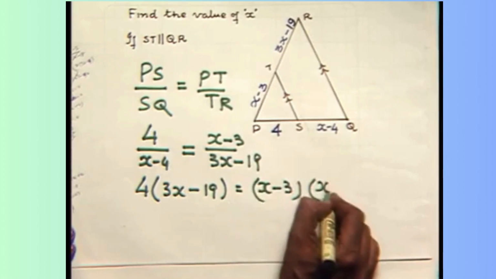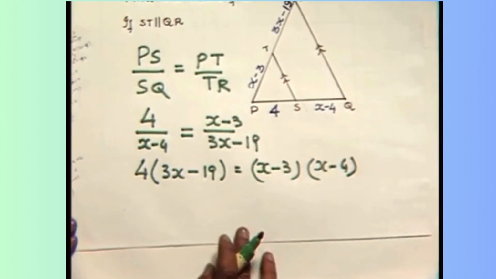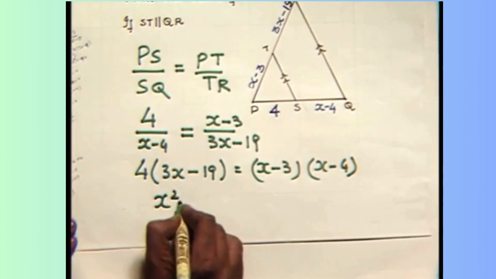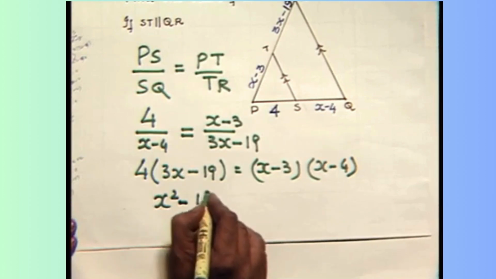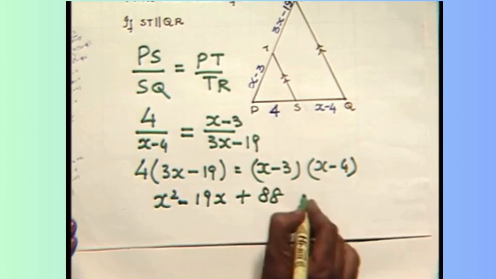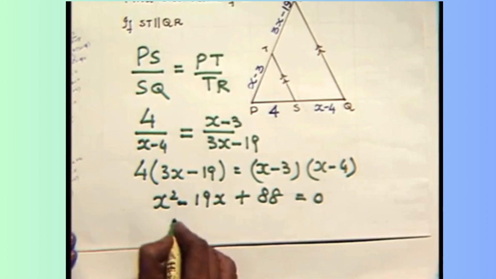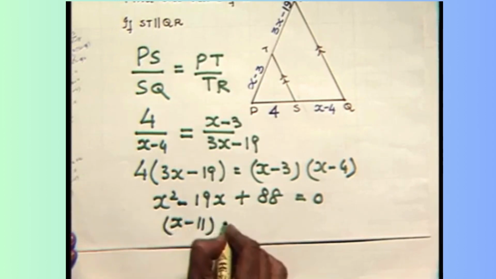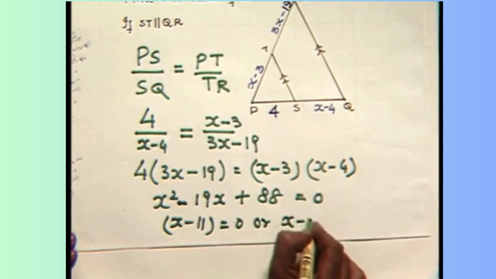times x minus 4, which on simplification will give you the equation x square minus 19x plus 88 equals 0, and from there we will get the values of x as x minus 11 as 0 or x minus 8 as 0.